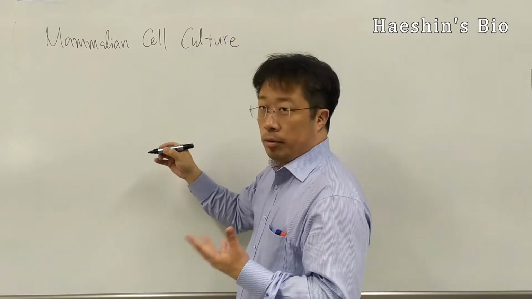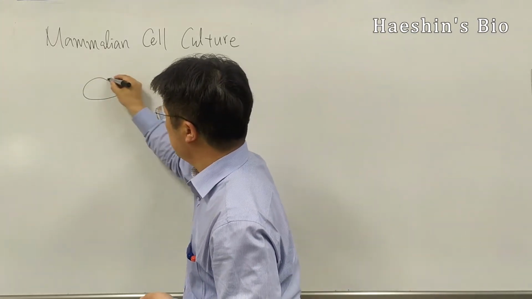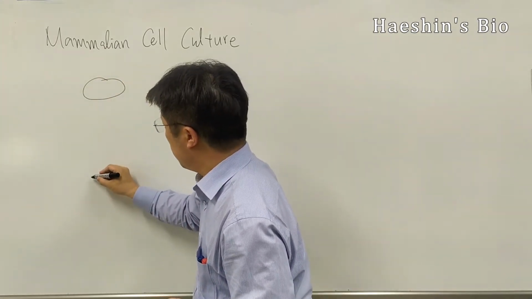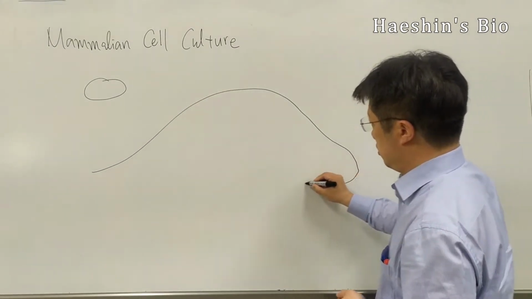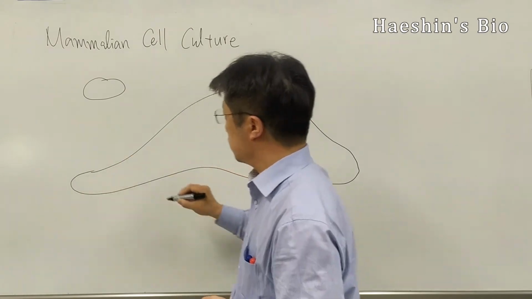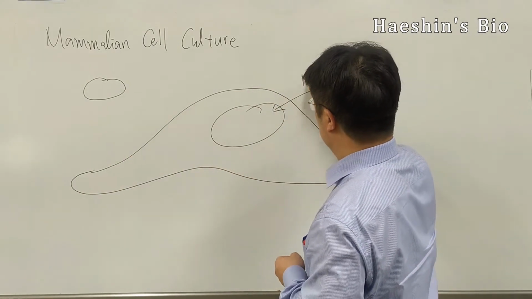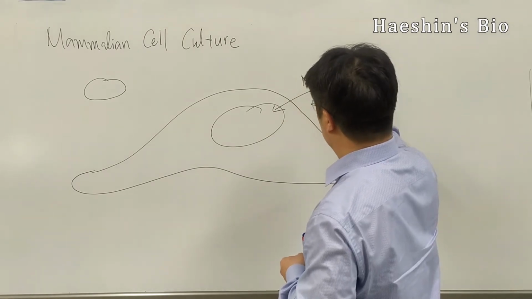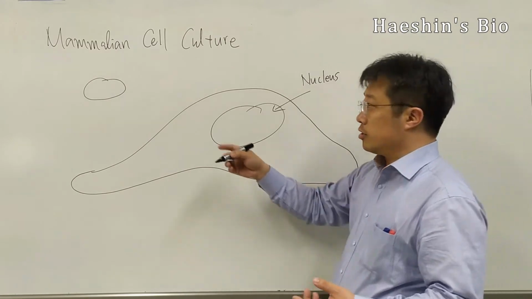So for mammalian cells, we have to talk about size first. So I'll draw like this. Maybe you can imagine this. What is this?